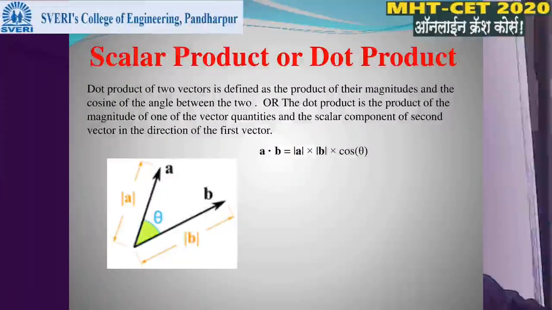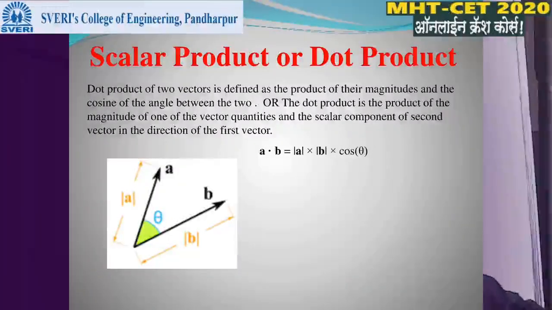That's why we can say a dot b is equal to mod of a into mod of b into cos theta. So this is the formula for the scalar product or the dot product.